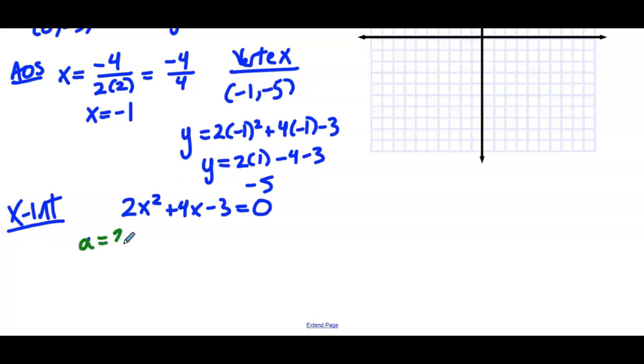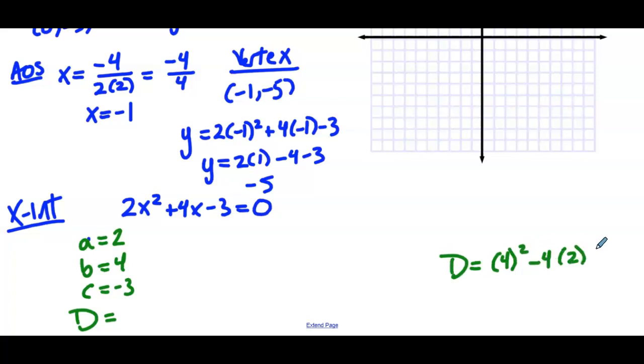So we have a equals 2, b equals 4, c equals negative 3. We need that discriminant, as I was just talking about. So that discriminant is 4 squared minus 4 times 2 times negative 3. So 16 plus 24. 4 times 2 is 8, times 3 is 24.